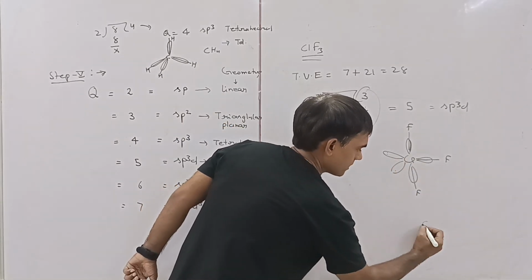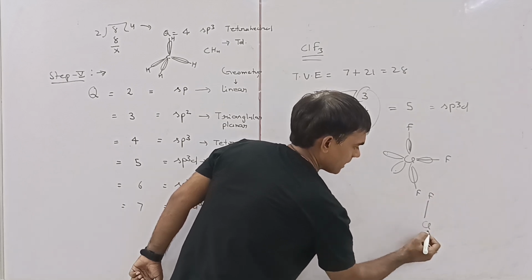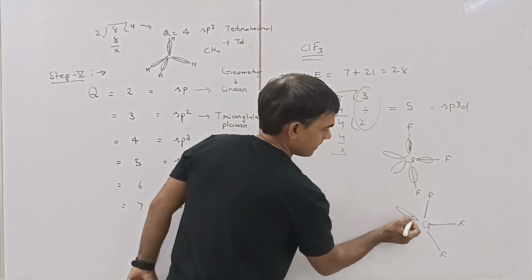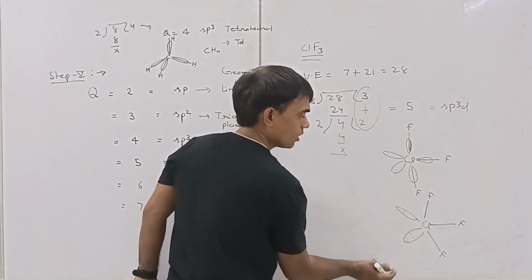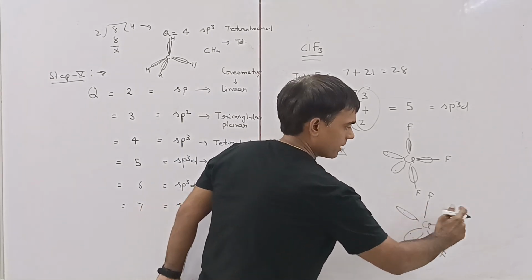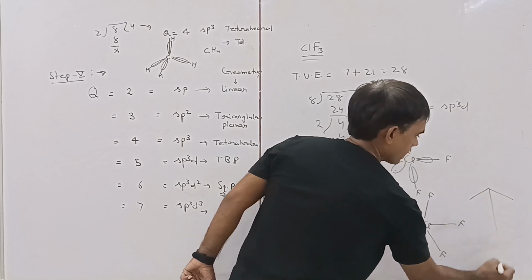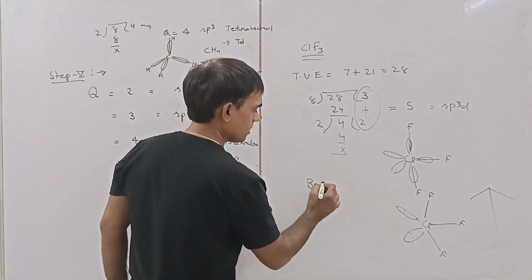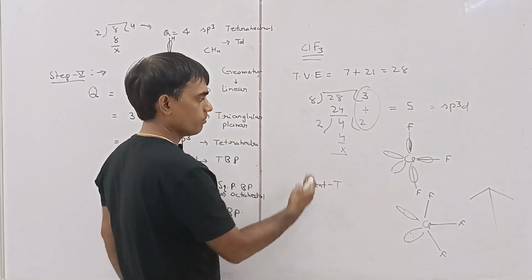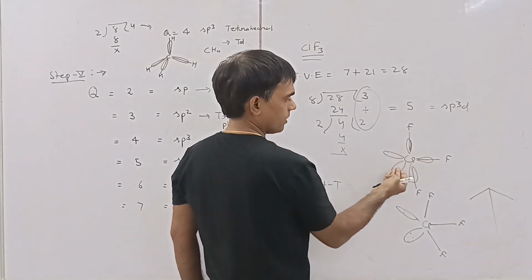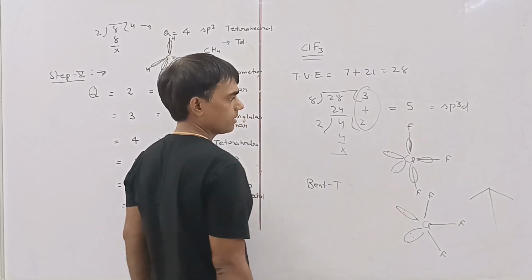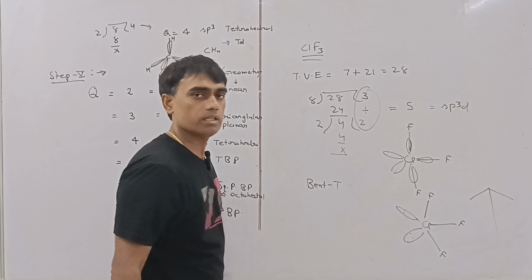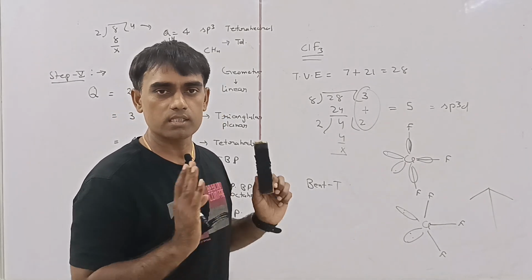So the shape will be like this: Cl atoms slightly bent, with lone pairs on this side and this side. So this is bent T. If I rotate it, it looks like this. The shape is bent T. Geometry is trigonal bipyramidal, TBP. Hybridization is sp3d.